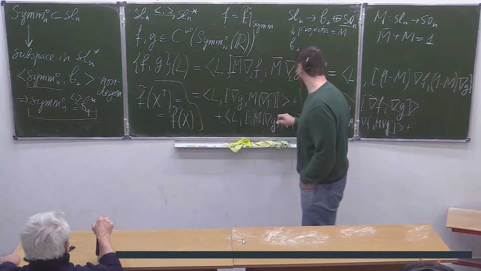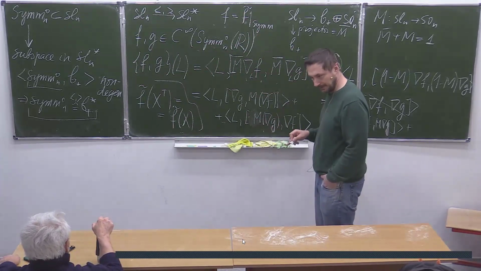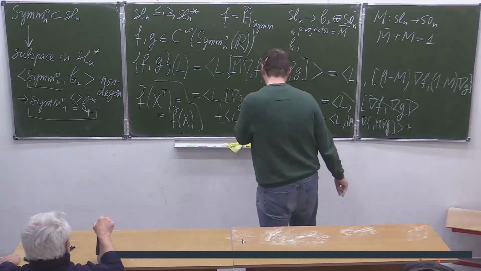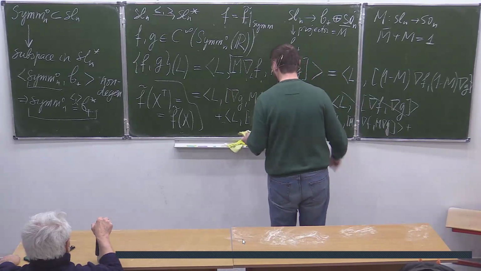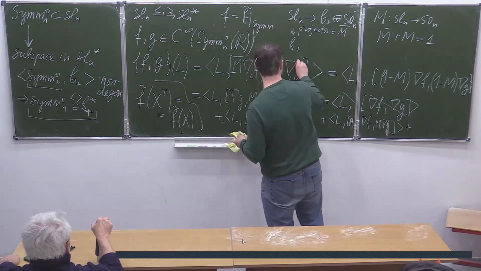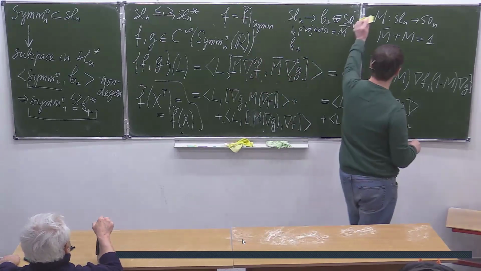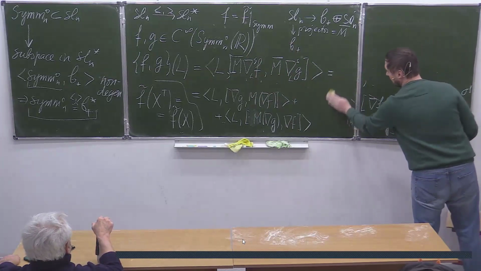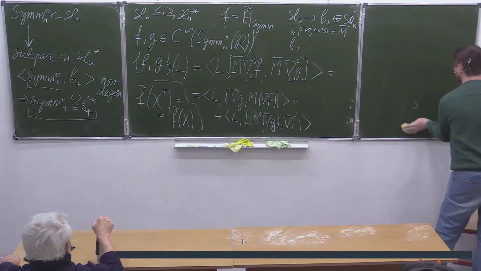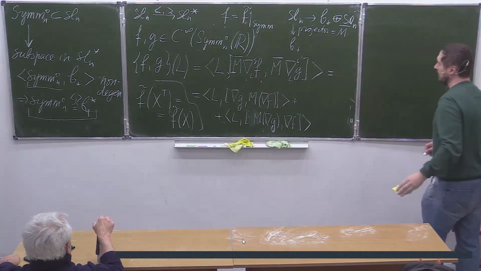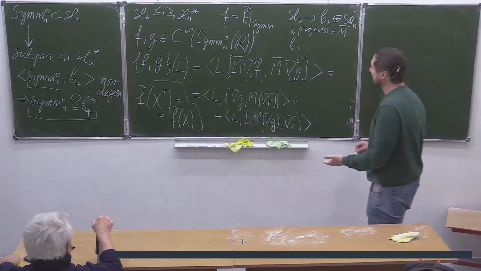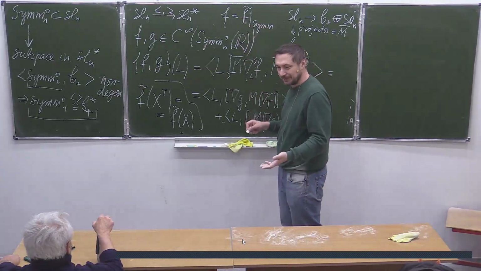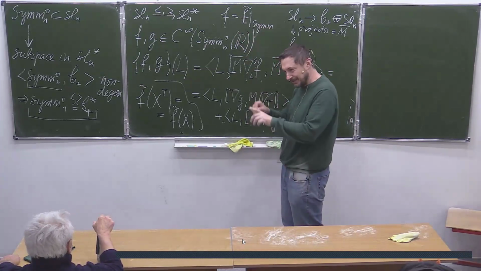So this formula works for symmetric gradients. I use the fact that they're symmetric, right? And this also works for the symmetric gradients. Symmetric gradient is the gradient, or differential, of the function as a function on symmetric space. So it's a symmetric matrix in some sense.